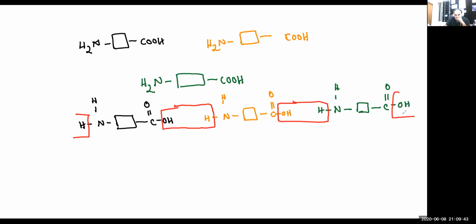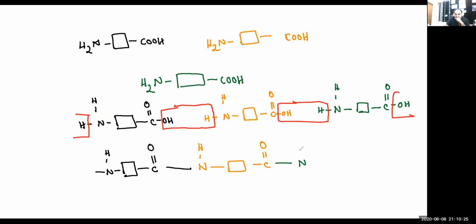You've become pro level. Very good. So what is left? C double bond O, NH, then nitrogen with a hydrogen in orange, and C double bond O and an H with a box, and a C double bond O.